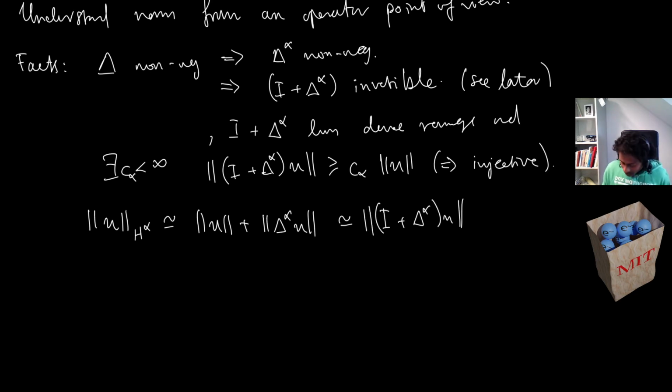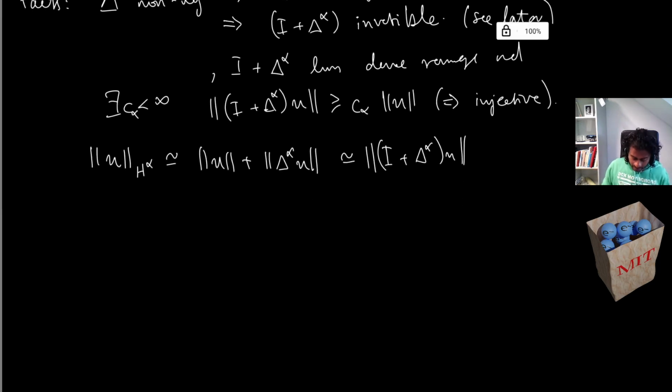What I really want to do is to absorb this lower order term here. This is typically there to kill the kernel, right? And I want to absorb it into the operator itself because this makes calculations easier. This is a useful little trick to remember.